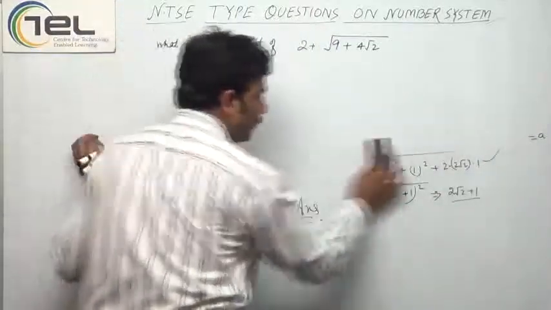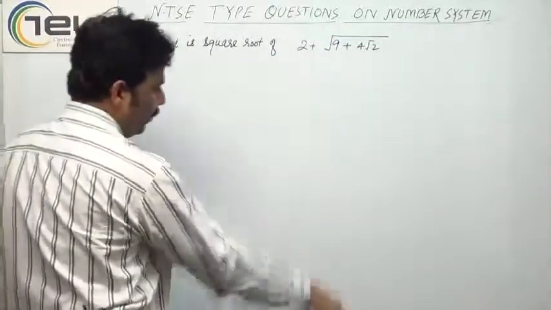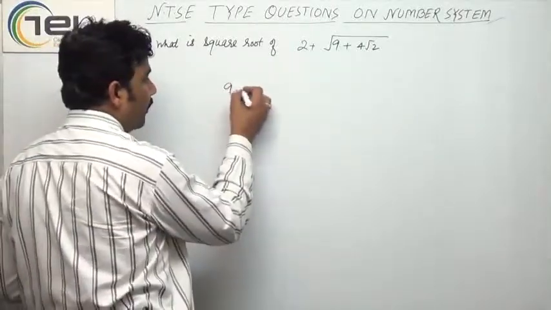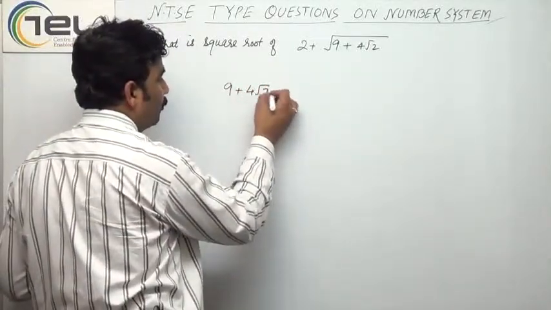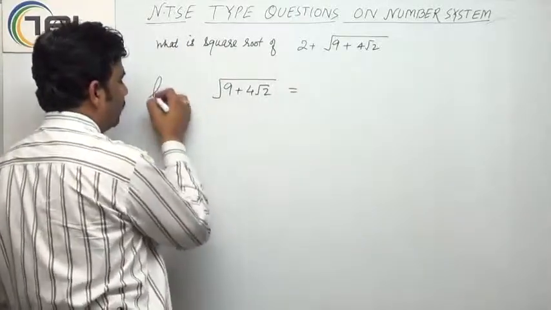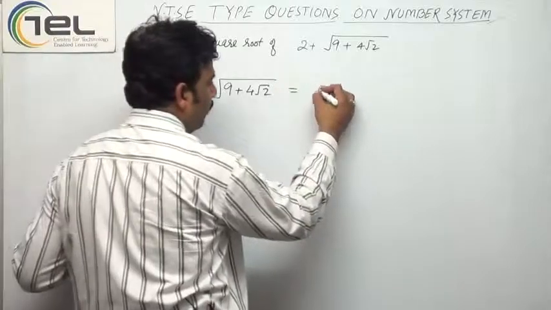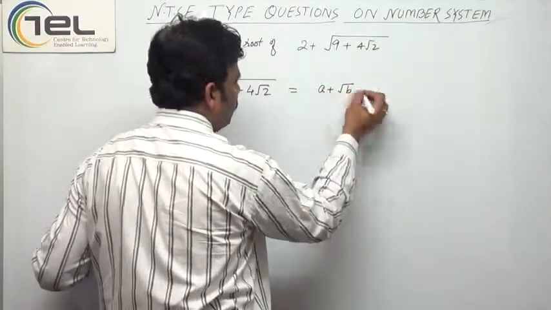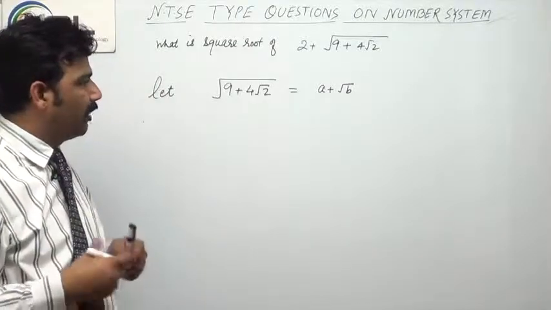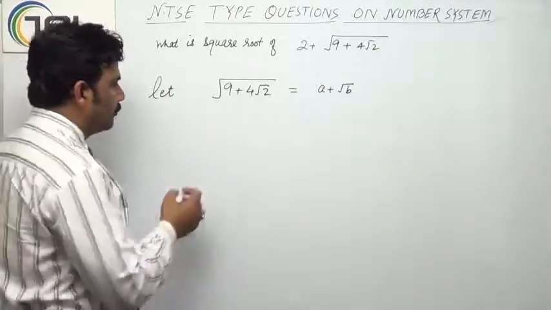See, if I have to find the square root of 9 plus 4 root 2 under root, let this be equal to a plus root b. Maybe it will be of some form like this. Now I have to find the values of a and b. What do I do?